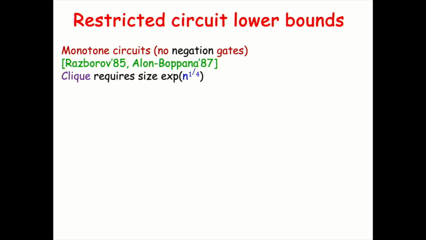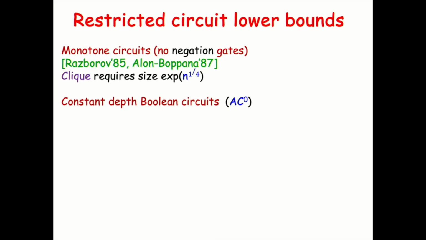In the 80s, it was proved that this requires exponential size. Monotone functions like the clique, whether a graph has a big clique, a big complete subgraph, require exponential size monotone circuits. That's one restriction.